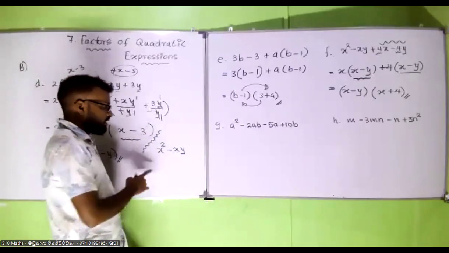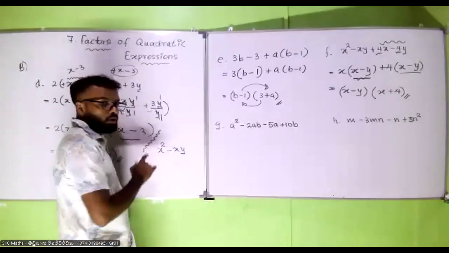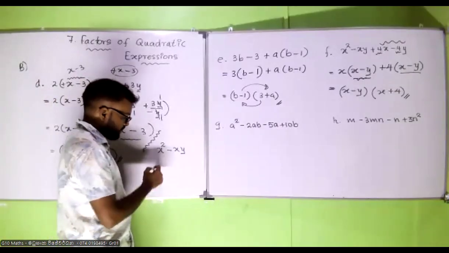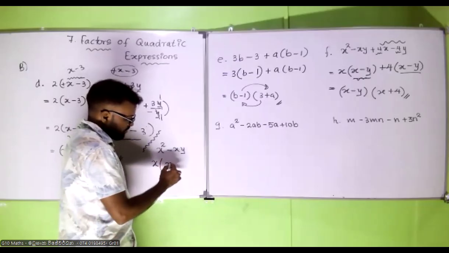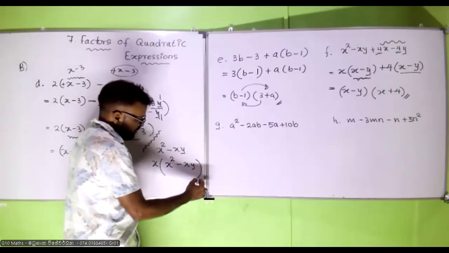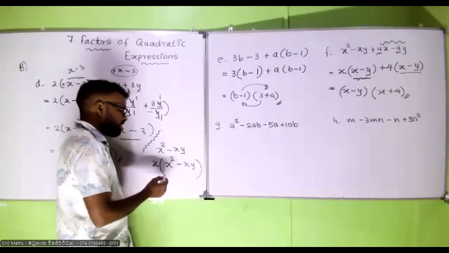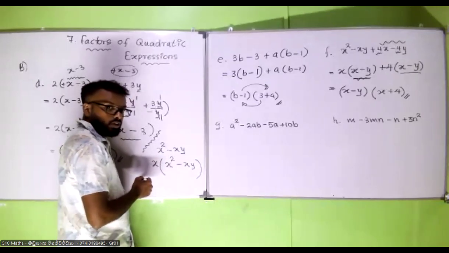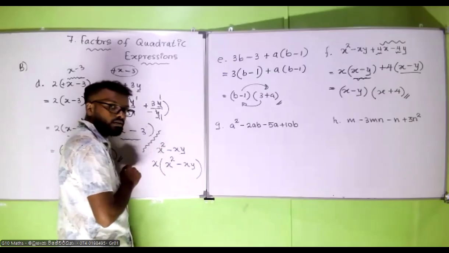Then here, what is the common term for these two terms? X. Okay. If you are taking x out, what is the logic? What is the logic if you are taking the common term x out from this one and this one?